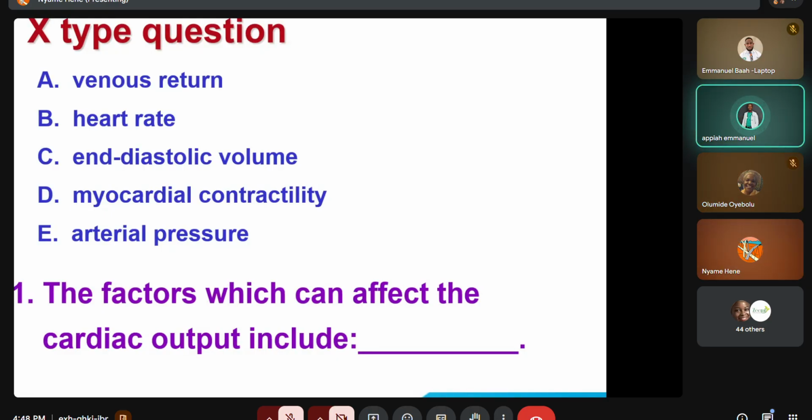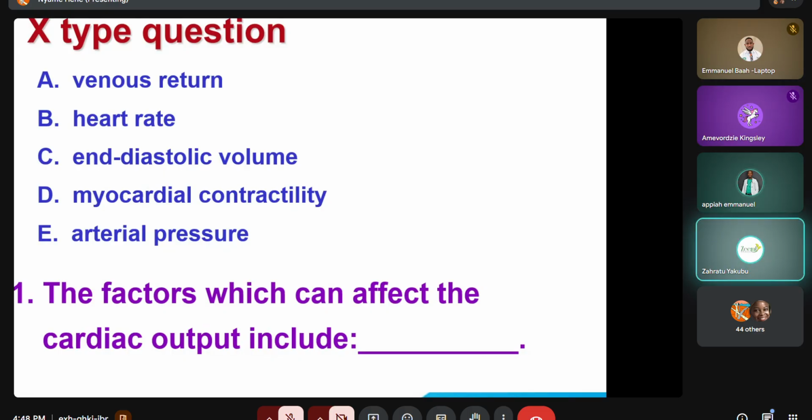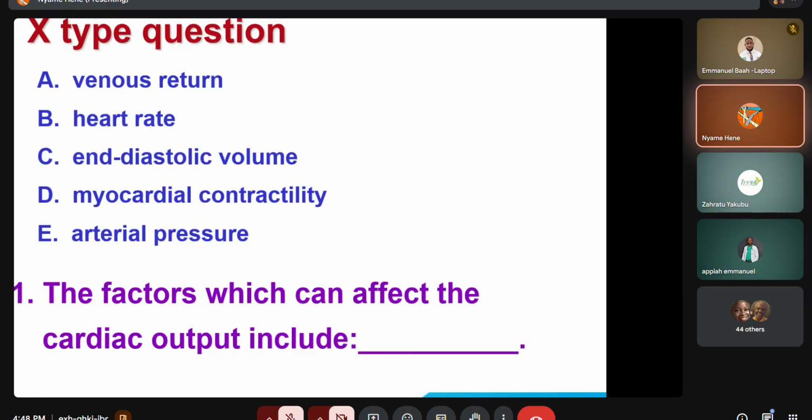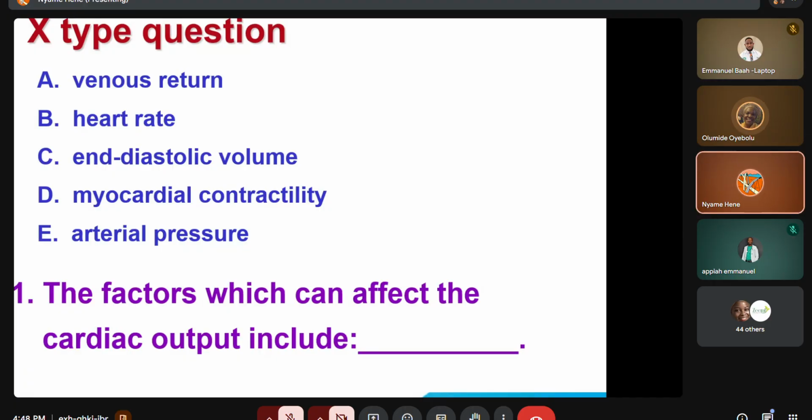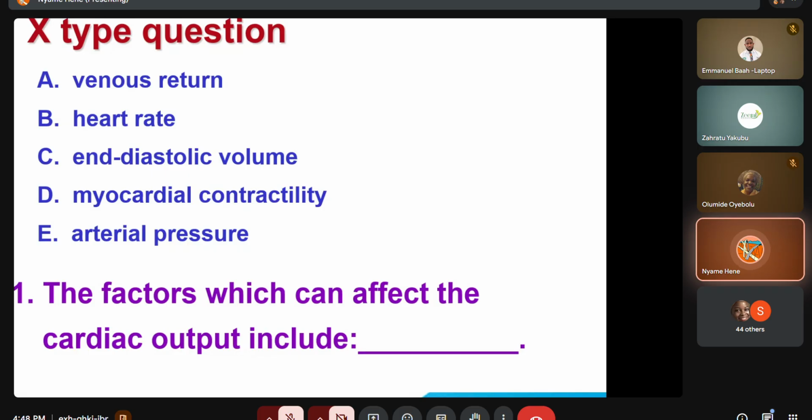I think B, E, D. B, C, and D. Okay, any other?